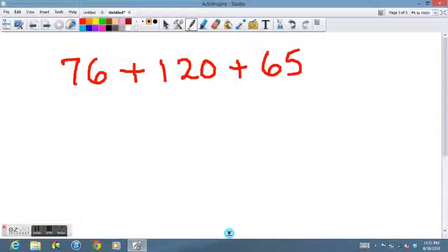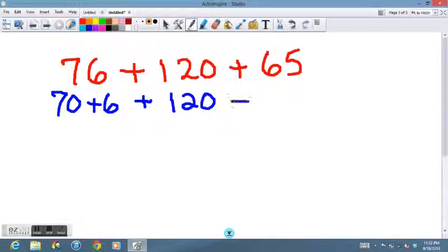One thing that you can do is rewrite 76 as 70 plus 6. So you're breaking it down into its parts. Now, we're going to leave 120 like it is, and then we're going to break 65 down into 60 plus 5.